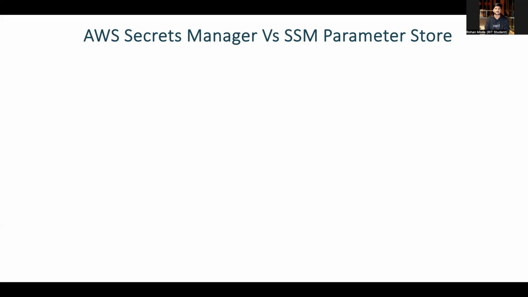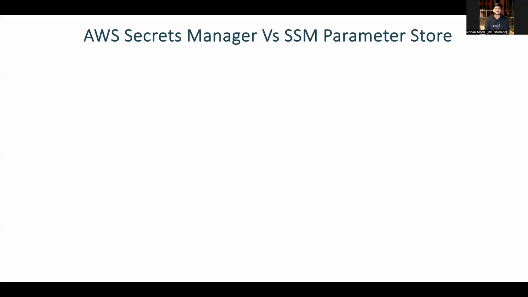The most important part, which is available in Secrets Manager, is automatic rotation of the passwords, which is not available with Systems Manager parameter store. The cost for AWS Secrets Manager, you have to pay as you go, whereas Systems Manager parameter store is free for standard and paid for advanced usages.